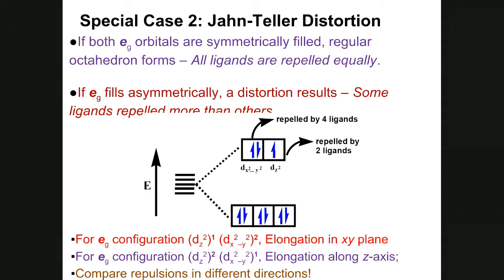In an octahedral complex, the orbitals will be split into the T2g and the Eg set. And it can happen that, as in the previous case, the Eg orbitals can be equally filled. So if they are equally occupied, it means the repulsions between the ligands can be the same, and that defines a regular octahedron.